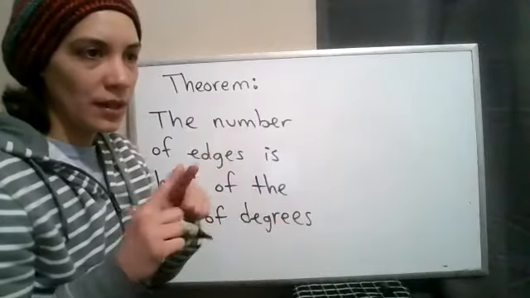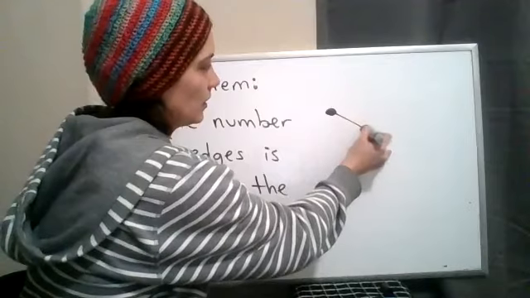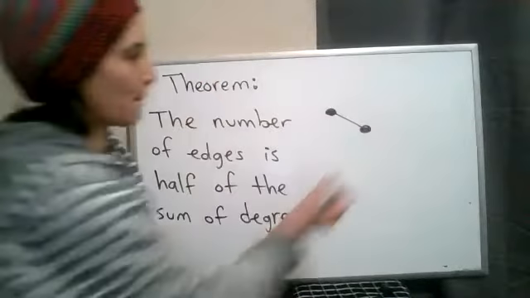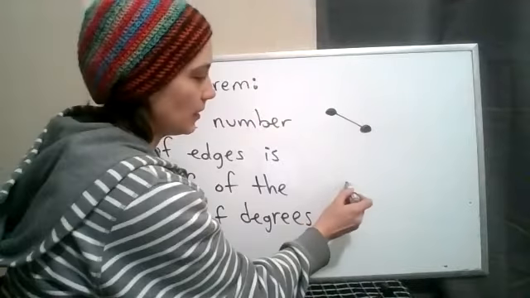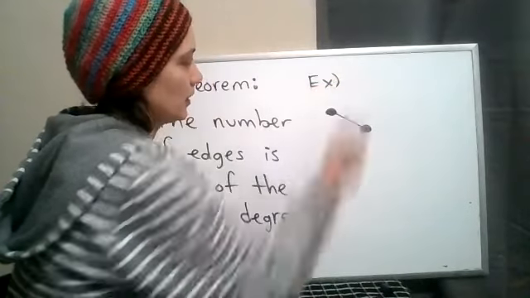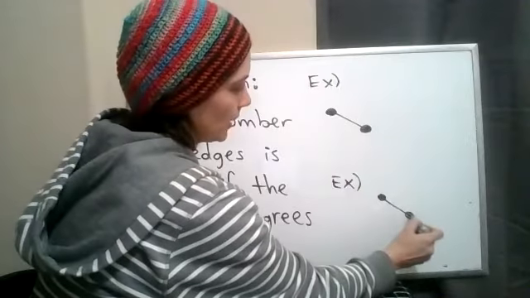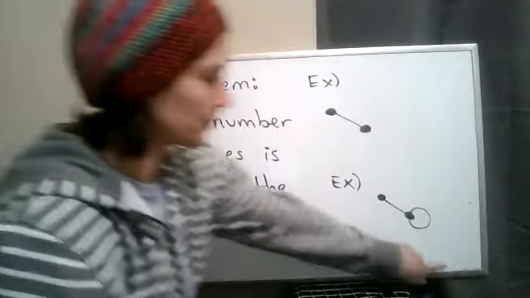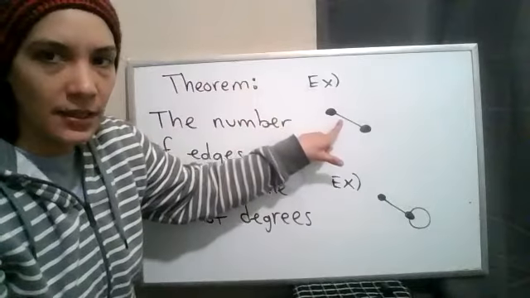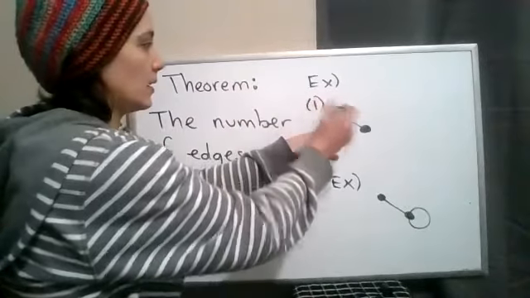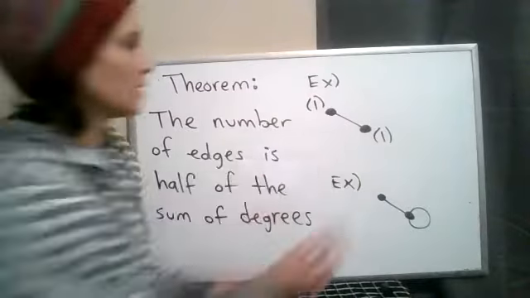Part of me is thinking we want to talk about something simple like just one edge, and then something like this to this, and like a loop. Okay, so this edge adds a degree here and a degree there, and the sum of degrees is 2.